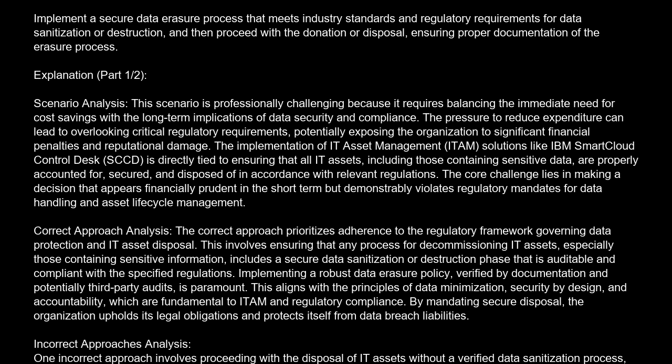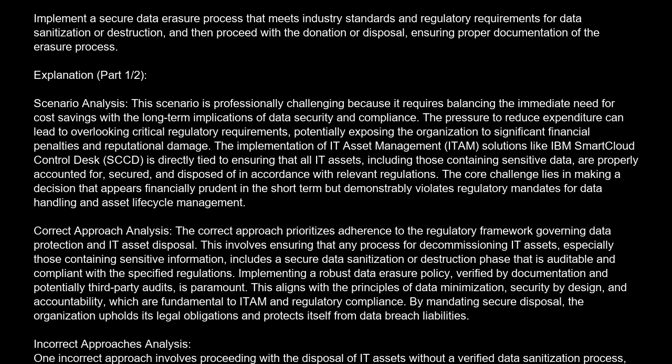Correct approach analysis. The correct approach prioritizes adherence to the regulatory framework governing data protection and IT asset disposal. This involves ensuring that any process for decommissioning IT assets, especially those containing sensitive information, includes a secure data sanitization or destruction phase that is auditable and compliant with the specified regulations.